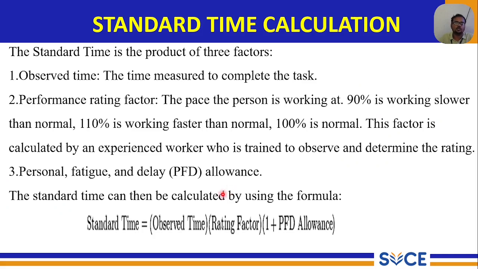So how do you calculate your standard time? Standard time is the observed time multiplied by your rating factor, and also multiplied by your personal fatigue delay allowances. For the performance rating factor, we will put up an example case where a person is working at 90%, which is slower than the normal 100%, and if he is working at 110%, we call him faster.